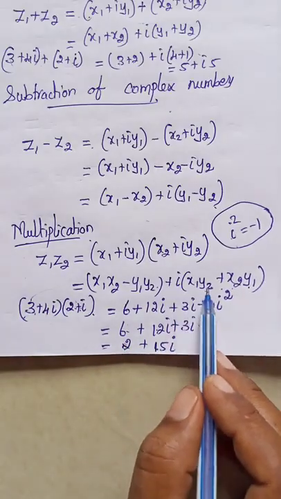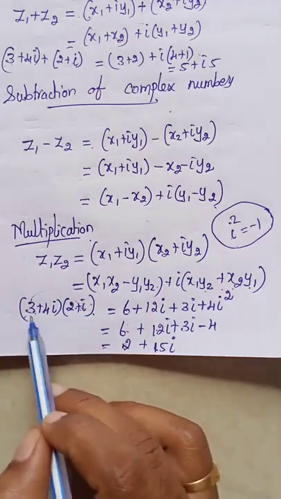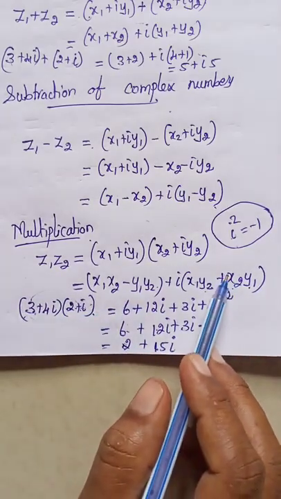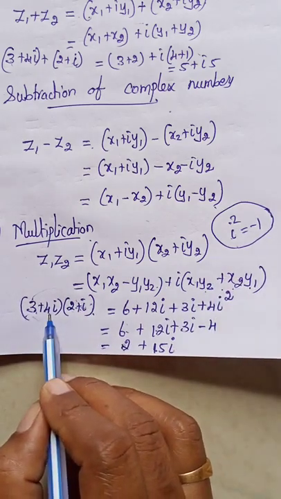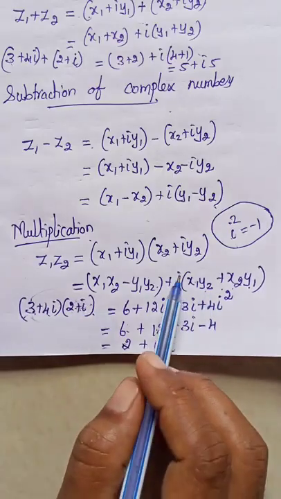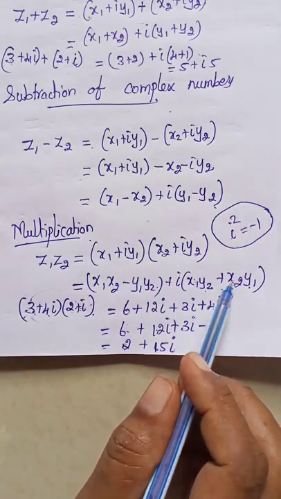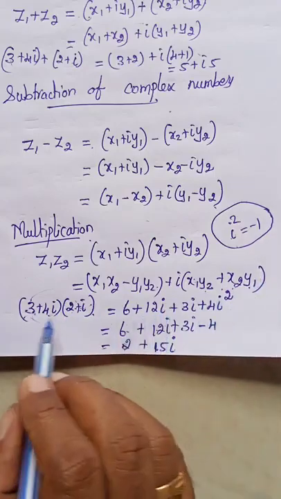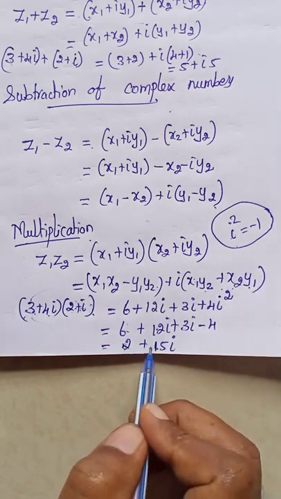Plus i into x1 y2, that is 3, then x2 y1, 2 into 4, 8. Isn't it? x1 y2 plus x2 y1.